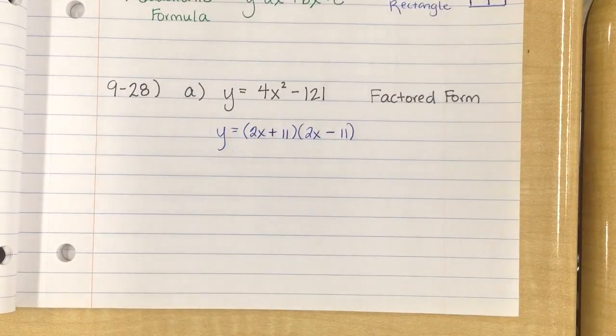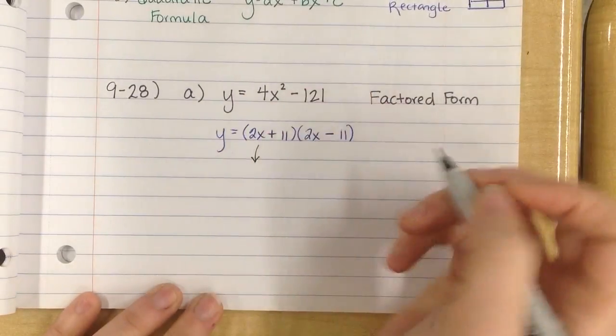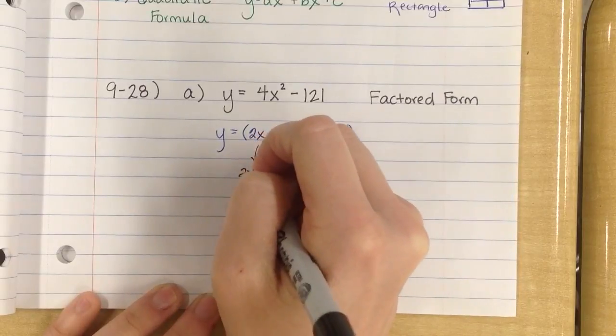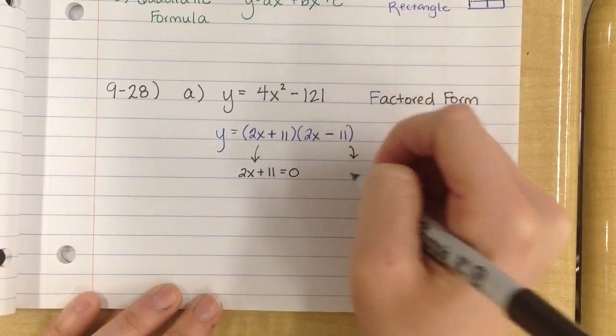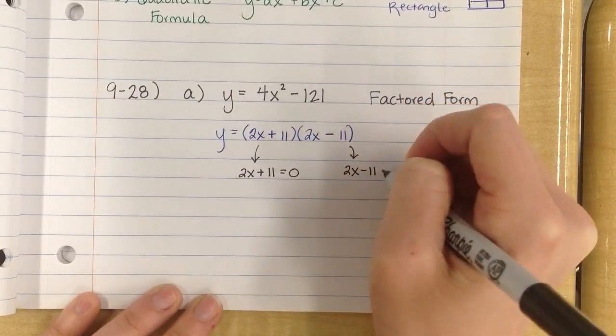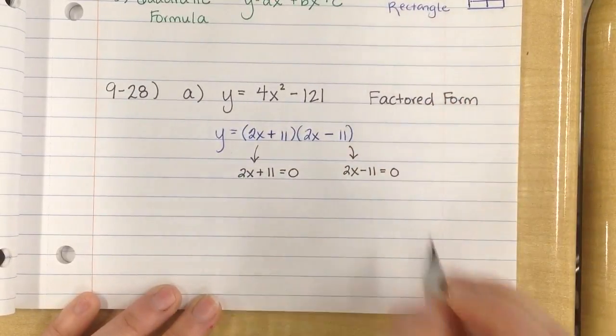Now we can go on with this. If we need to solve for the roots, we would again use the ZPP, zero product property. We got 2x plus 11, set it equal to 0. We got 2x minus 11, set it equal to 0.